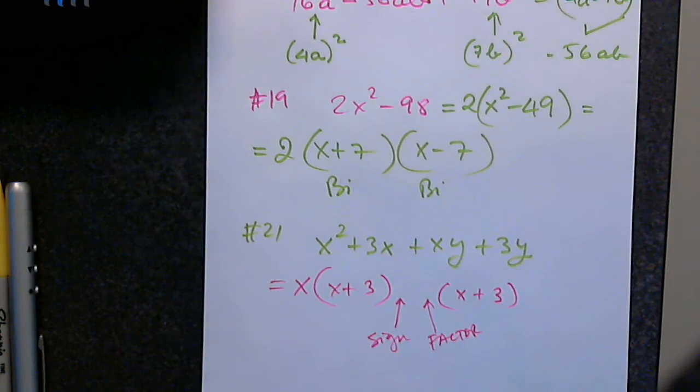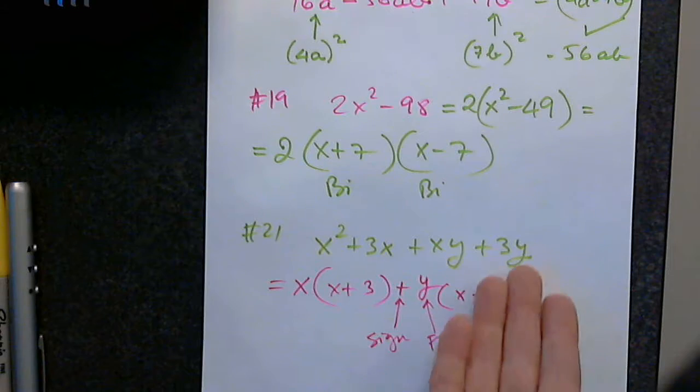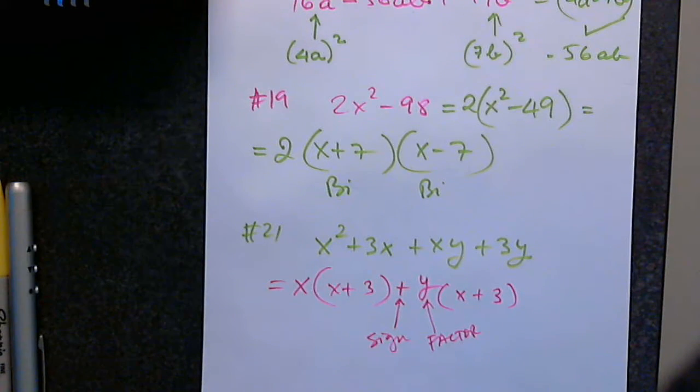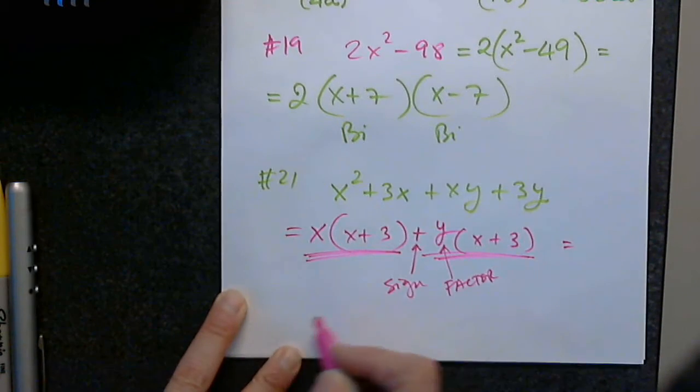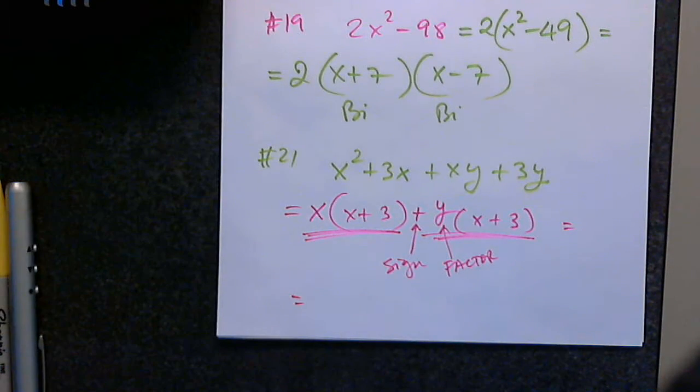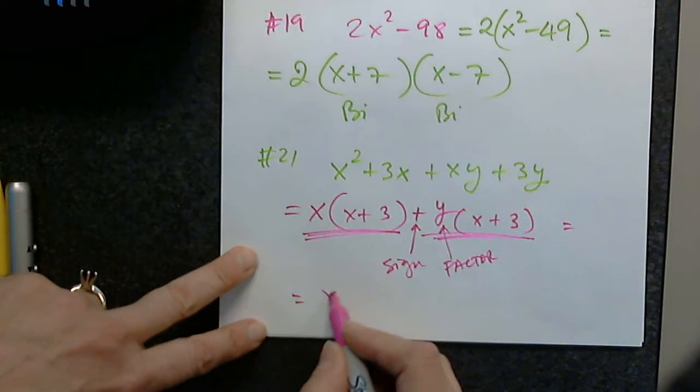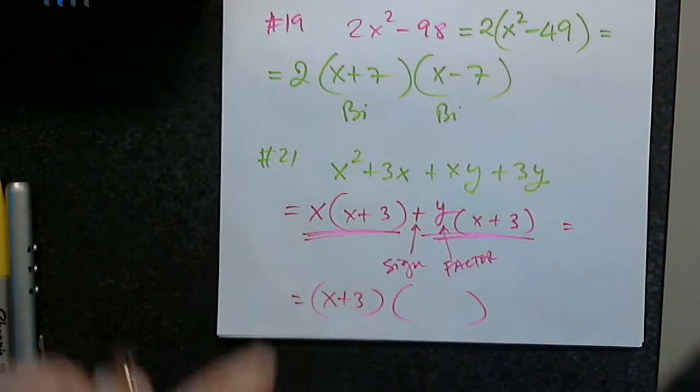Positive y. Positive y times x is xy. Positive y times 3 is 3y. So now I have two terms, and they have a common factor that I will pull out. What is common? Same quantity in both. X plus 3. And what is left in parentheses?